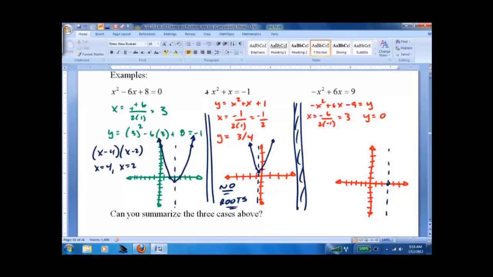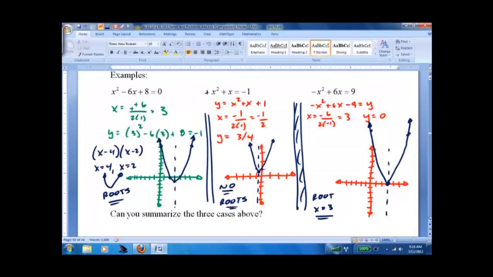Vertex at 0. Hits up here at 9. Goes up. I don't have to do anything else. I can already see it hits right there. So the root is at x equals 3. There's only one of them. Back to problem 1 here. Those are the roots.